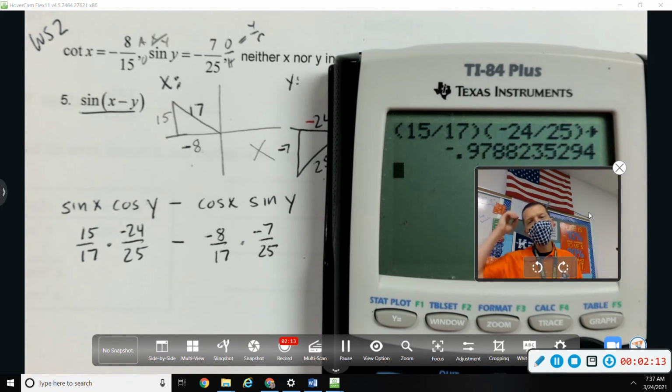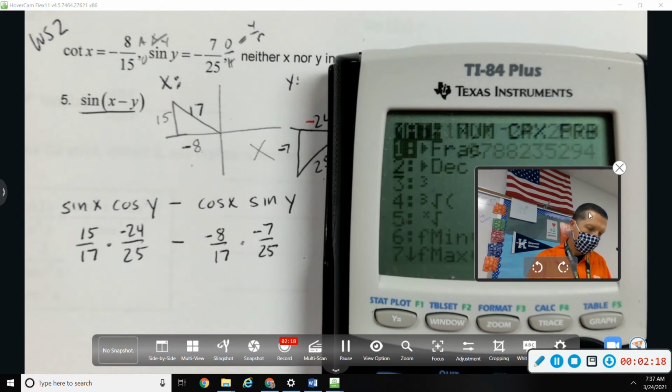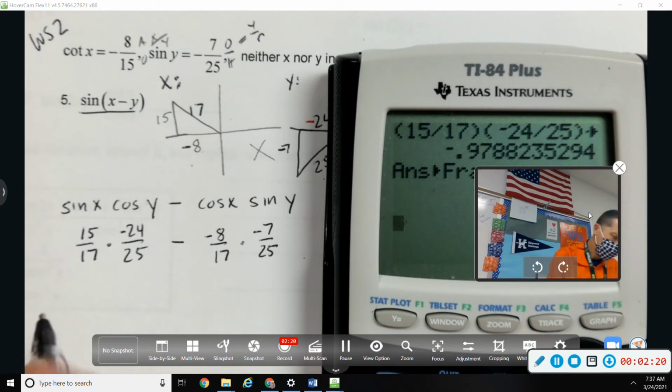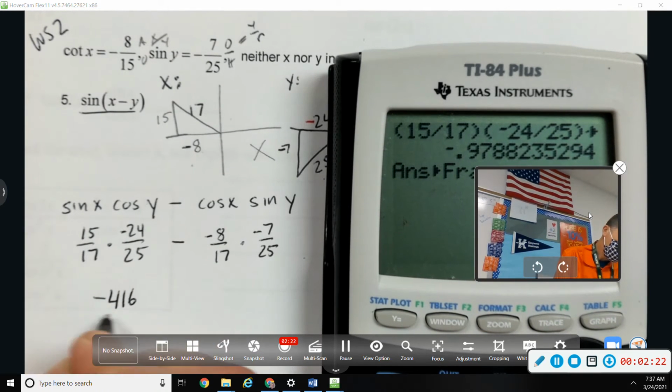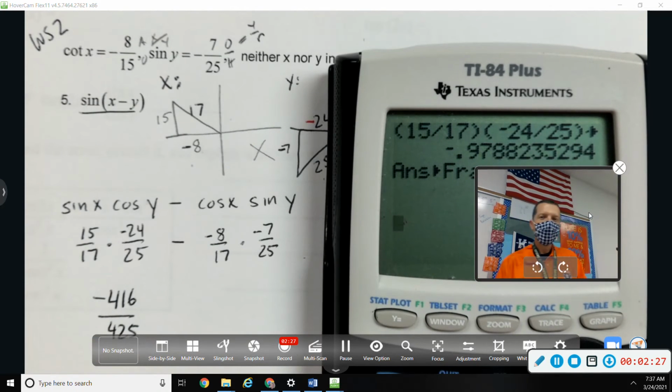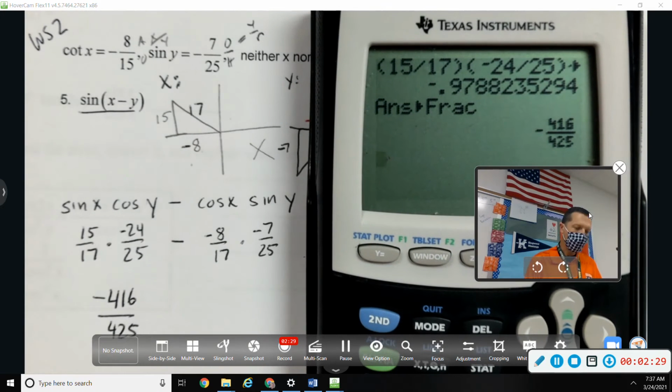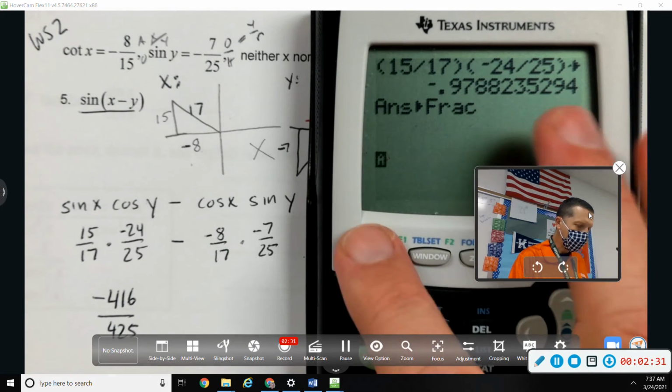So I'm not a huge fan of the fraction bar because it takes a while, especially doing it 4 times. Well, that's why we use the calculator. If you like the fraction bar, then yeah, it's alpha F1.